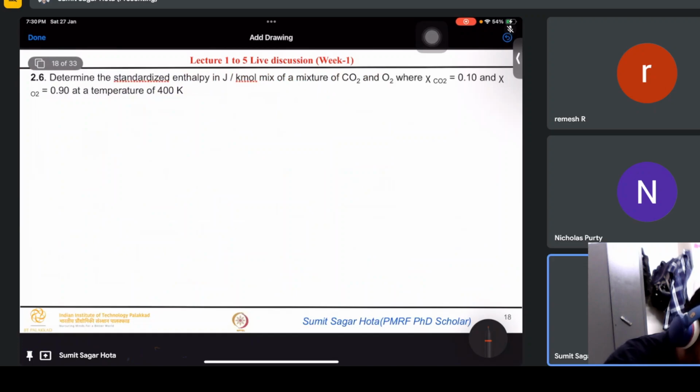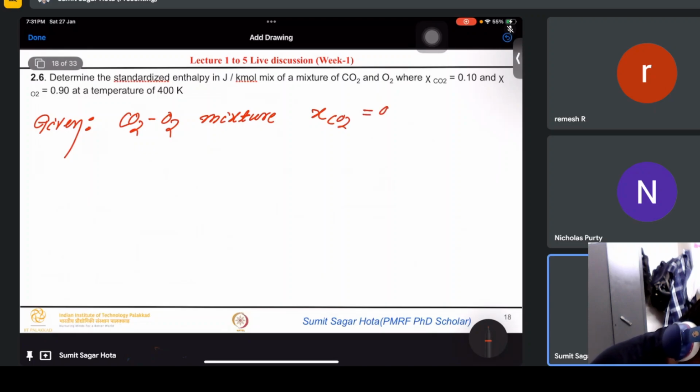Okay, next 2.6. CO2 and O2. First, what are the things given? The mole fraction of CO2 is 0.1 and the mole fraction of O2 is 0.9.